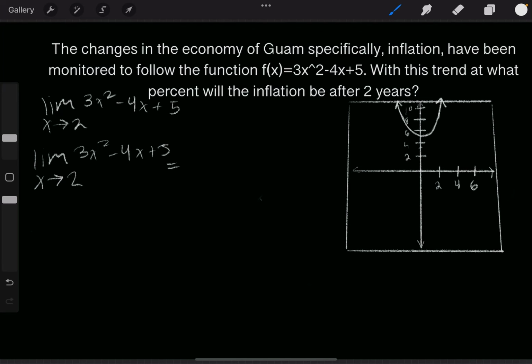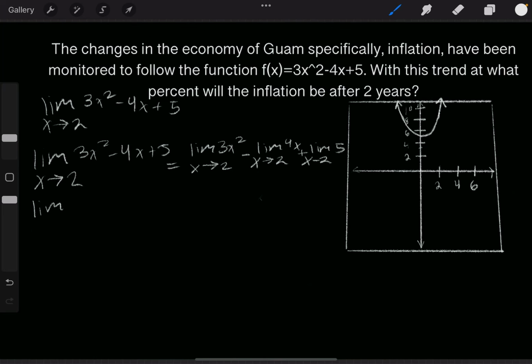So this would be equal to the limit of 3x squared as x approaches 2, minus the limit as x approaches 2 of 4x, plus the limit as x approaches 2 of 5. Now we can simplify this further by using the constant multiple rule.